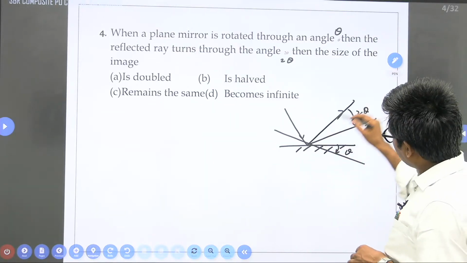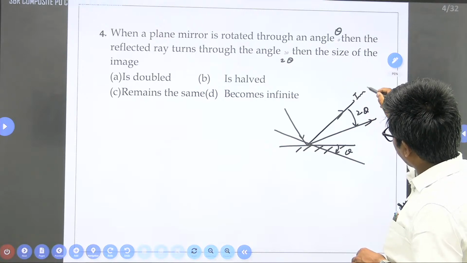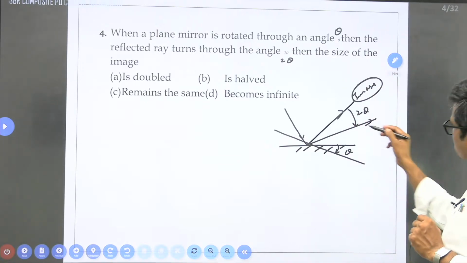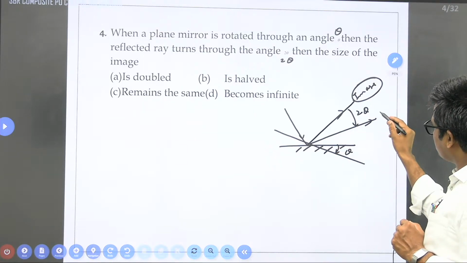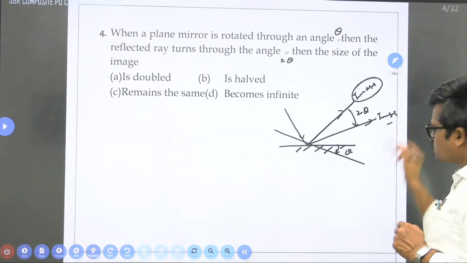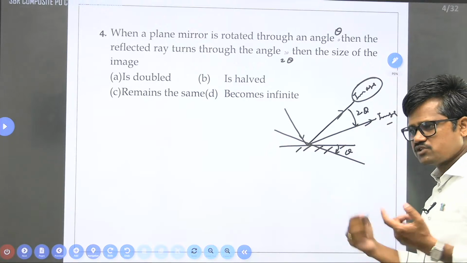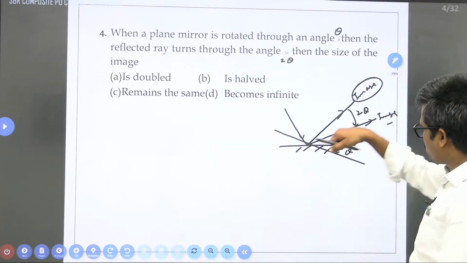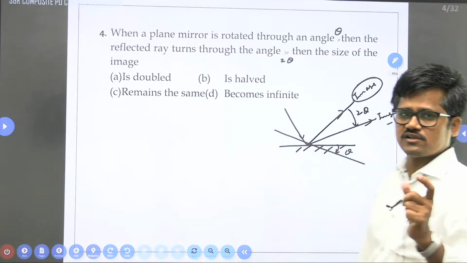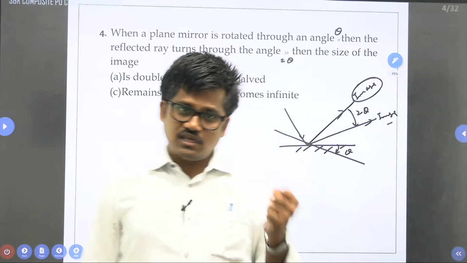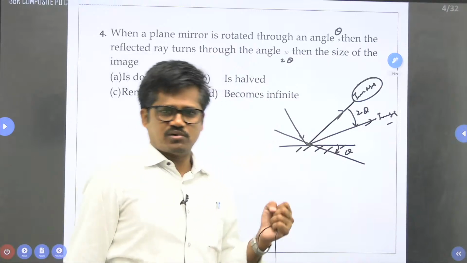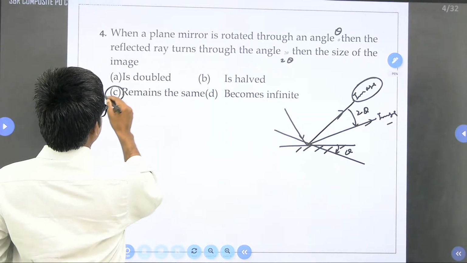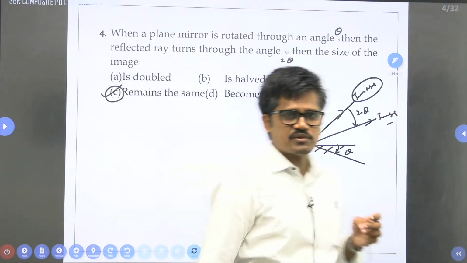Whatever size of image you are getting here, the same reflected ray comes here, same image we are getting, no problem. The complete ray shifts, the size will remain the same. If you turn the mirror through some angle, it doesn't affect the size of the image, it will remain the same, no problem, right or not? So the size remains the same.